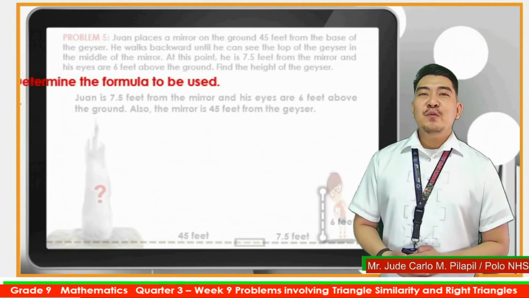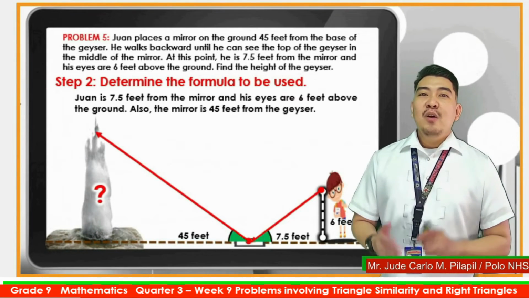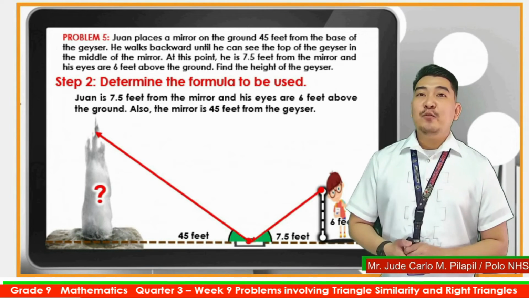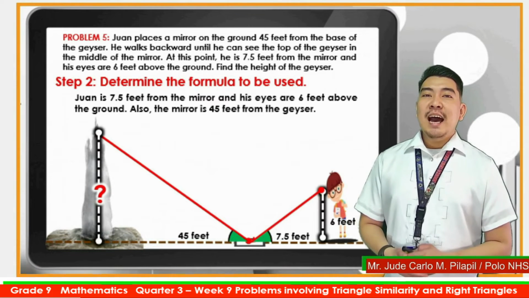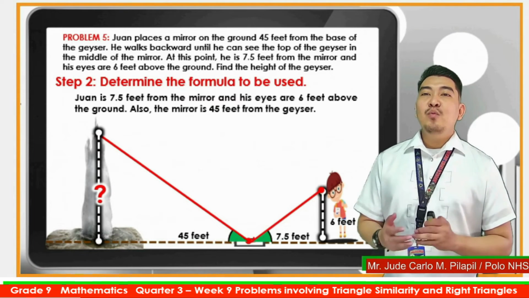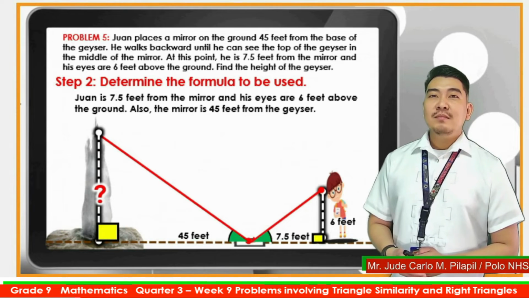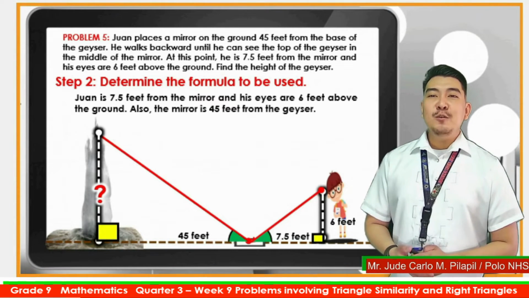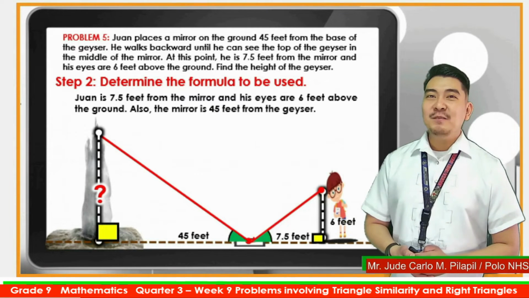Another, the vertical height of the geyser and one's eyes form right angles with the ground. What triangle similarity theorem can we use to prove that the two triangles presented are similar?